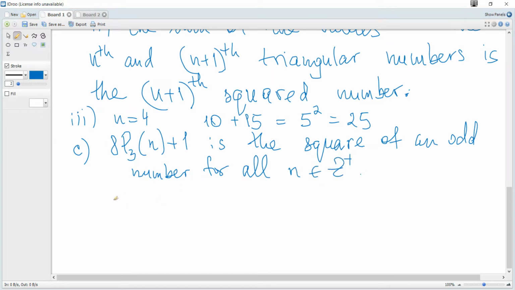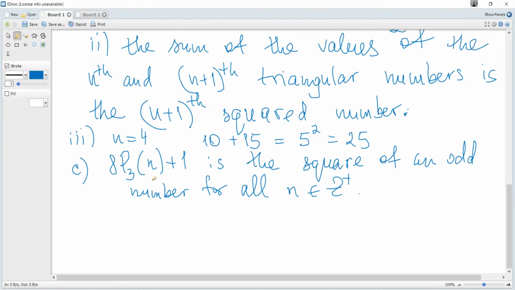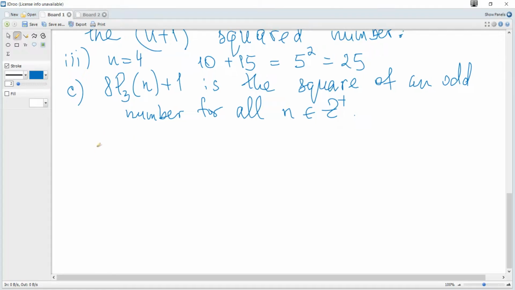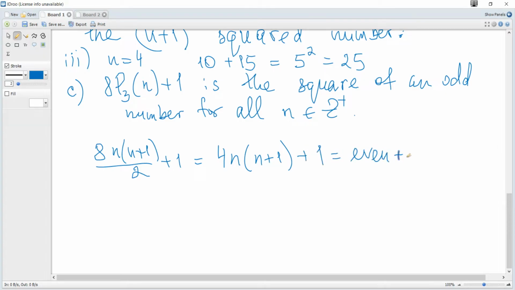So let's consider again P3 of n. The formula is n times n plus 1 over 2, so it becomes 8 times n times n plus 1 over 2, plus 1, which is 4n times n plus 1, plus 1, so it becomes even plus odd, which is odd. And we can see that it's true for any n positive integer.